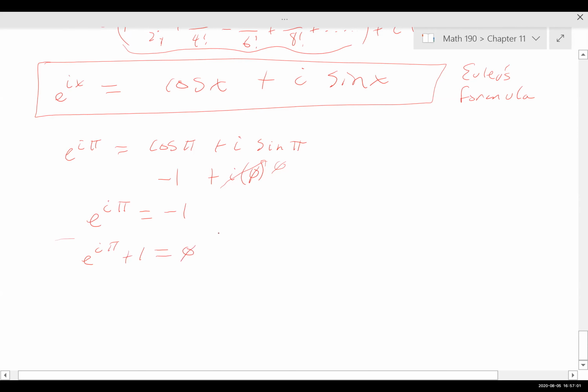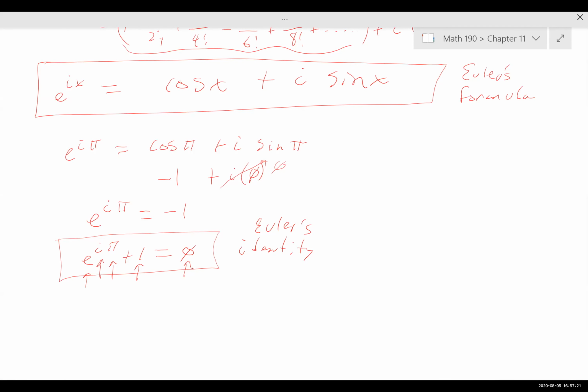In this one identity, Euler's identity, we have the 5 most used symbols in all of mathematics: e to the i pi plus 1 is equal to 0, which is incredible.